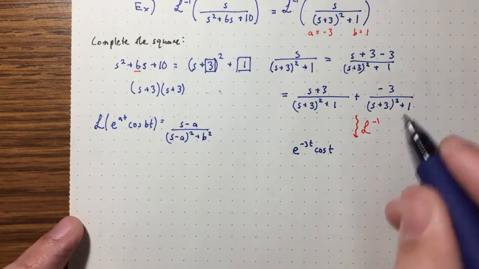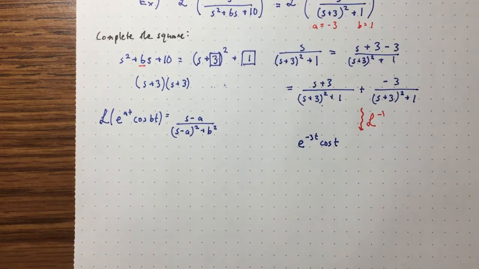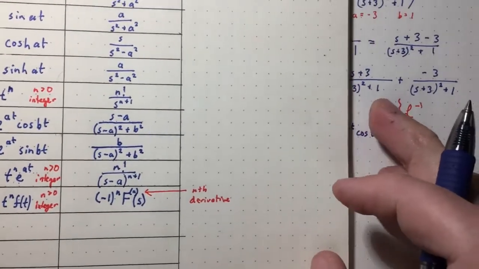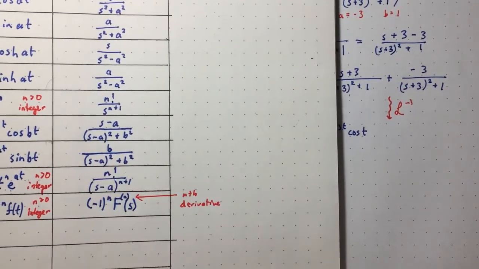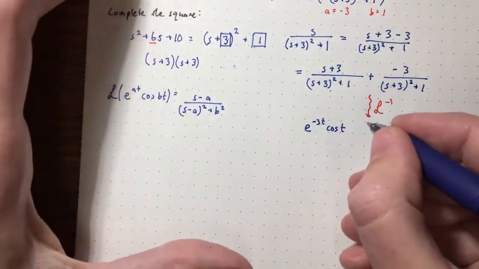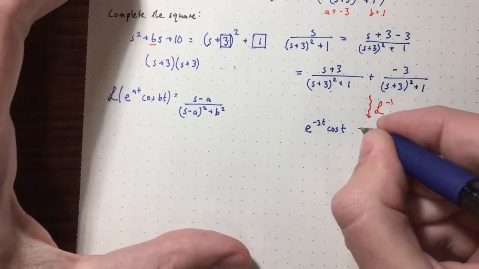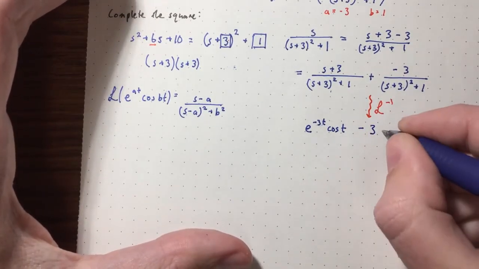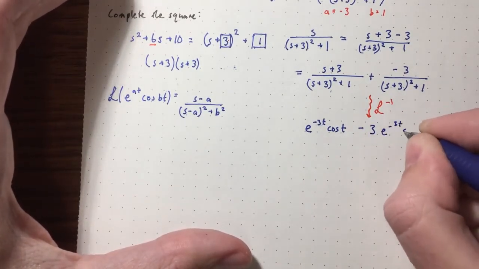And then I want a 1 here instead of a minus 3, since there's a b in the numerator, which is 1. So I'll just take that minus 3 out. So I have minus 3 times e to the minus 3t sine t.